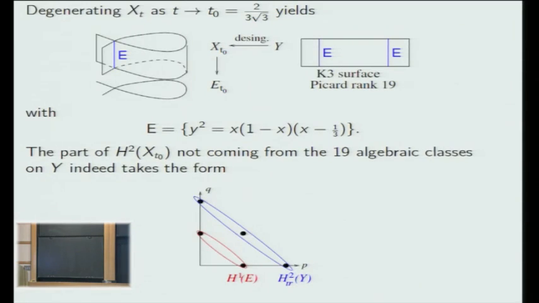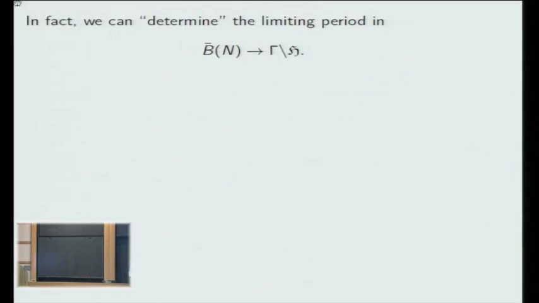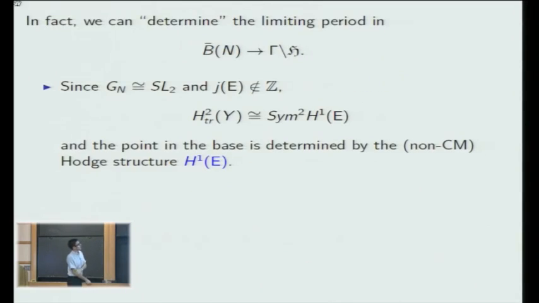And you already know the Mumford-Tate group of this is SL2. So that forces the Mumford-Tate group of this to be not just SL2, but for this Hodge structure to be Sym2 of this over Q. And so we get that H2 trans of Y is Sym2 of H1 of E, so all we really care about is H1 of E, and that's a non-CM Hodge structure of some kind. I didn't explicitly write down the J invariant for this talk, but you get the idea.